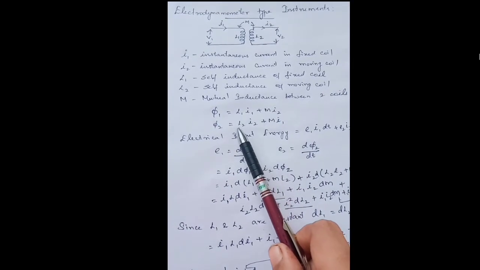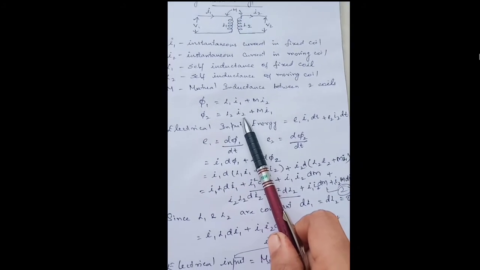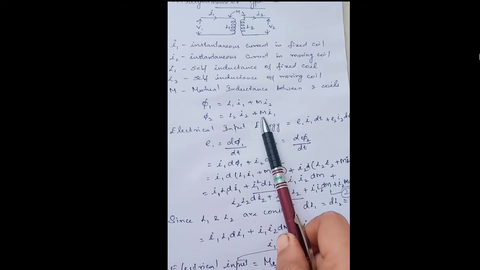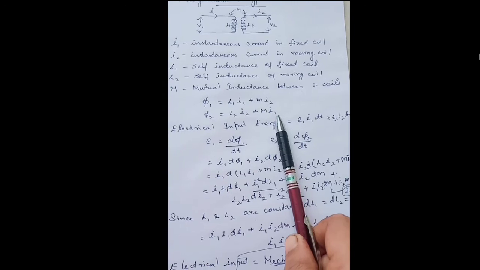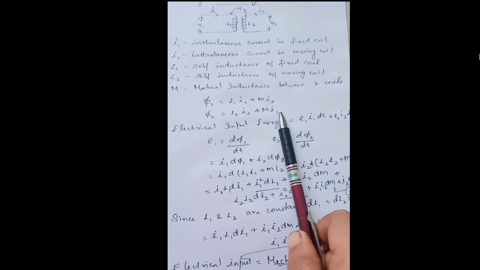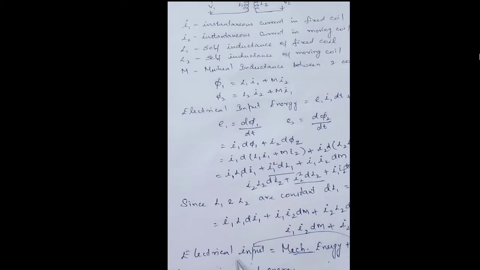Here L2 is the self-inductance of the moving coil, I2 is the current flowing through the moving coil, M is the mutual inductance between the two coils, and I1 represents the current flowing through coil 1, that is the fixed coil.